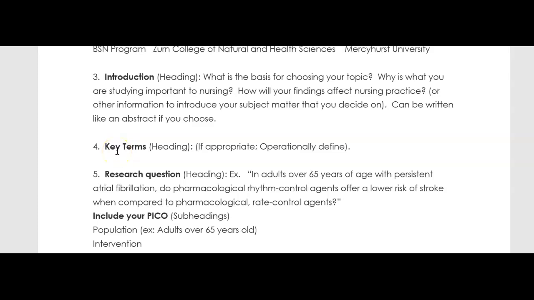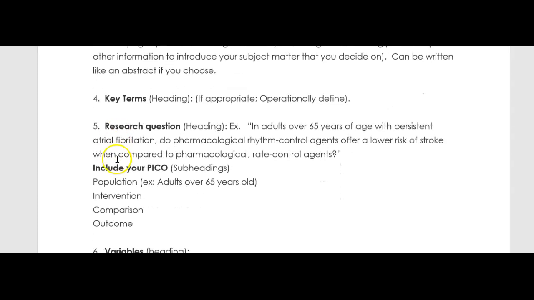Sometimes our key terms we really have to define, right? If we're talking about hope, we have to operationally define how we defined hope in this study. For evidence-based practice, sometimes you're operationally defining how the previous studies have defined a key term.